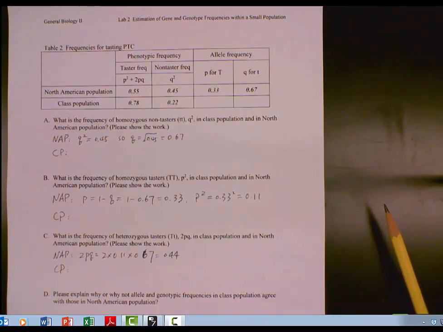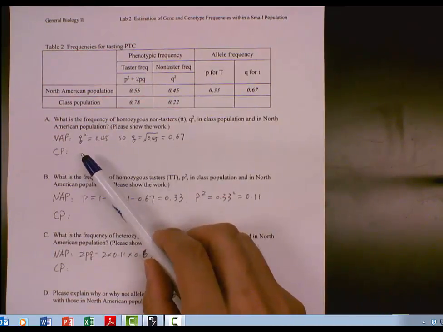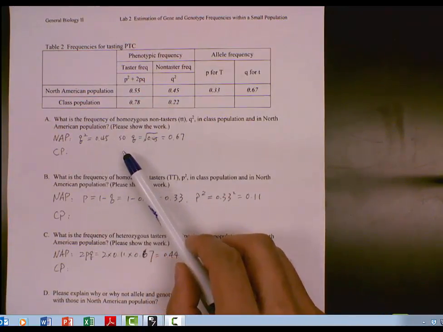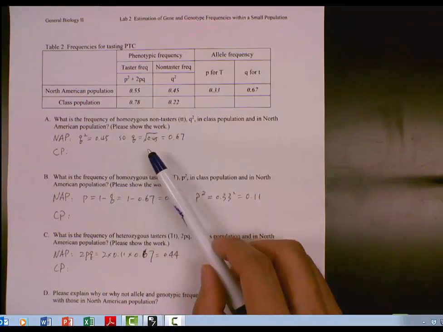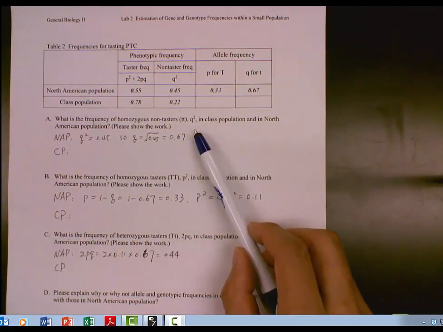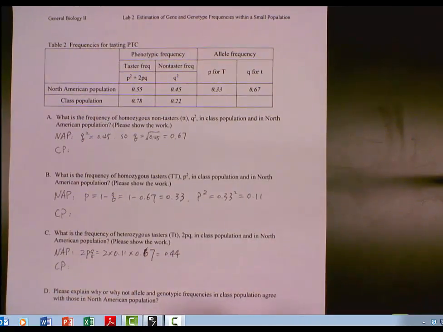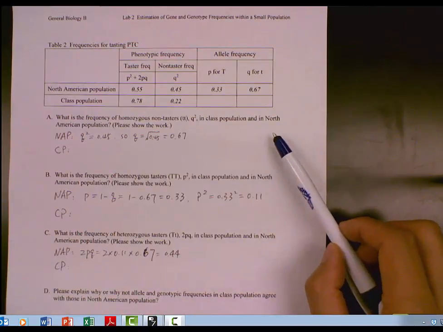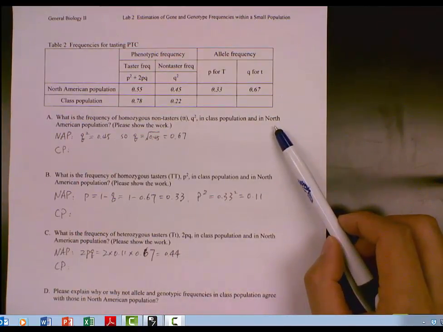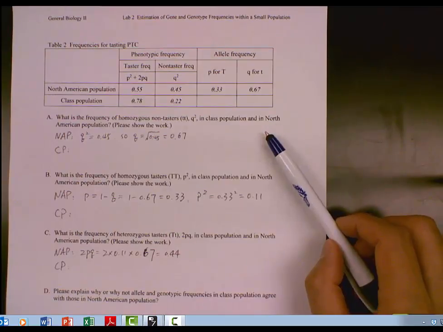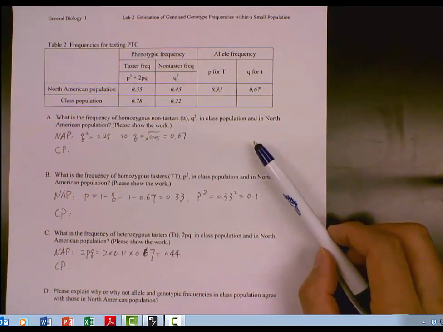Your assignment is to calculate the frequencies in the class population.